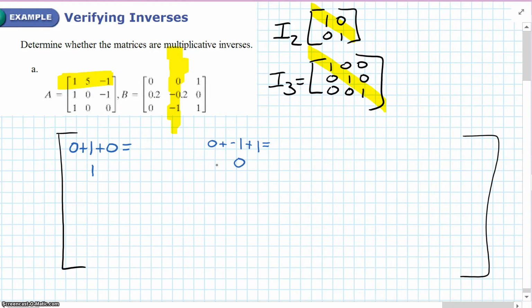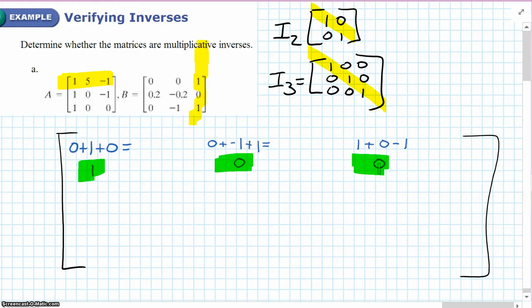Okay, so I have 1, 0 thus far in my matrix. First row, third column. 1 times 1 is 1. 5 times 0 is 0. Negative 1 times 1 is negative 1. So 1 plus 0 plus negative 1 is 0. So right now I have the makings of an identity matrix. So we go on.